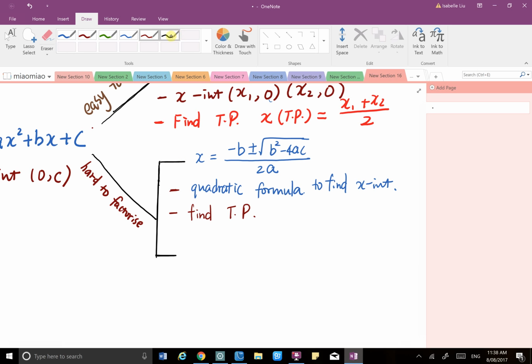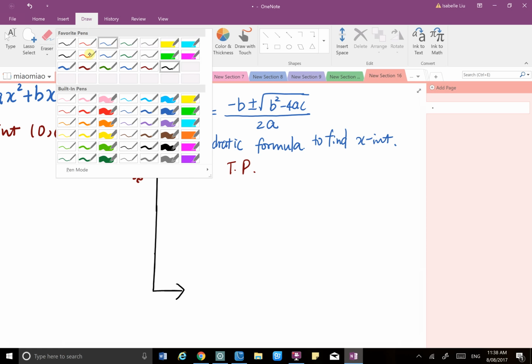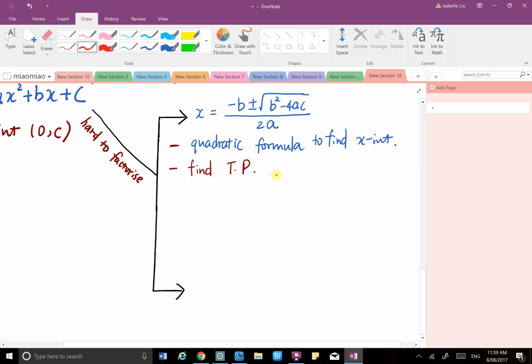But if it cannot, I turn that down. If I go that method and figure out that the discriminant is less than 0, I will find no x-intercept.